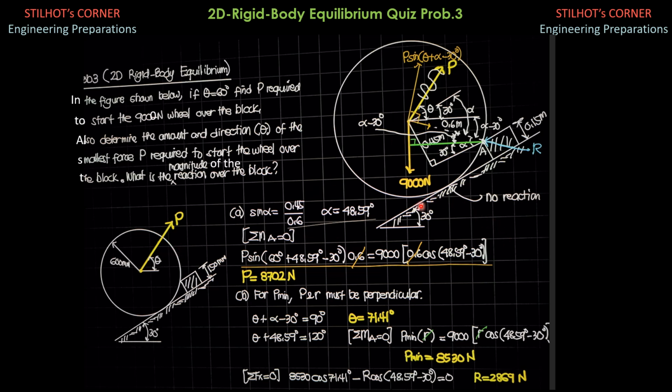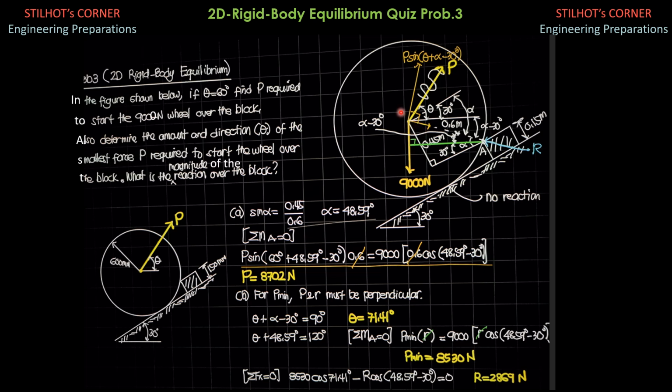Since this is 30 degrees, I put the weight, which is supposedly a 9,000 Newton wheel. So just correct that problem anyway. The value is here, 9,000 Newton wheel.